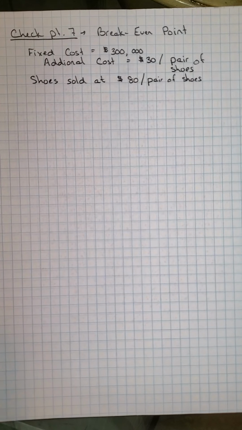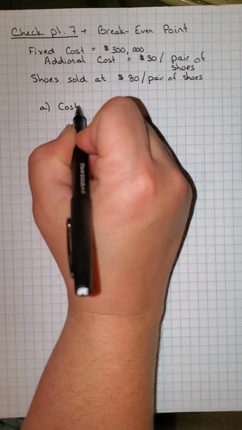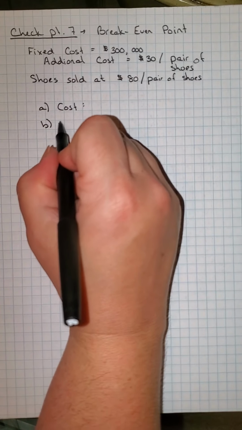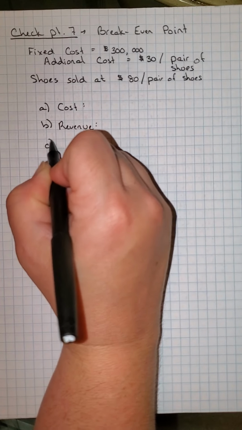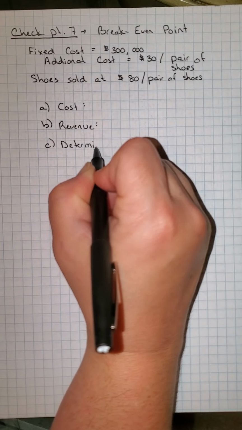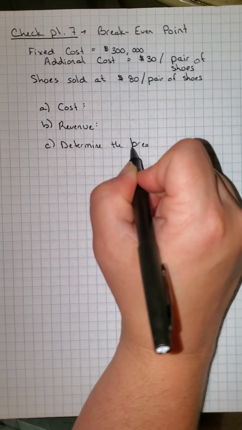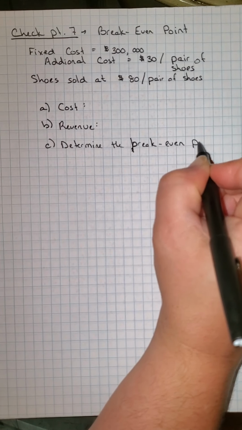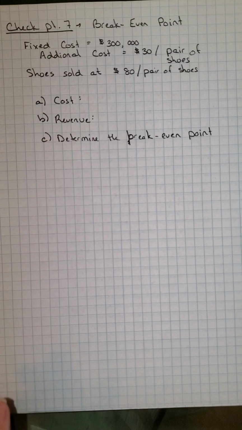Okay. For A, it says to write the cost function. B, it says to write the revenue function. And C, it says to determine the break-even point. Your break-even point is going to be when your cost equals your revenue.